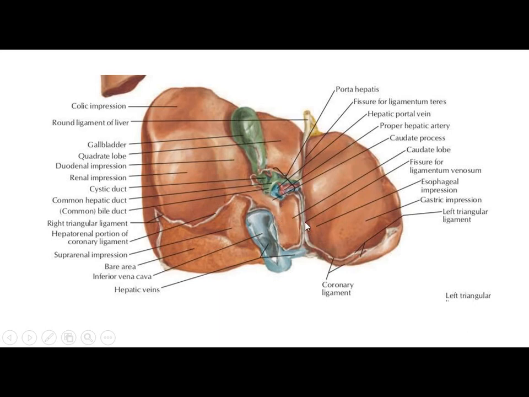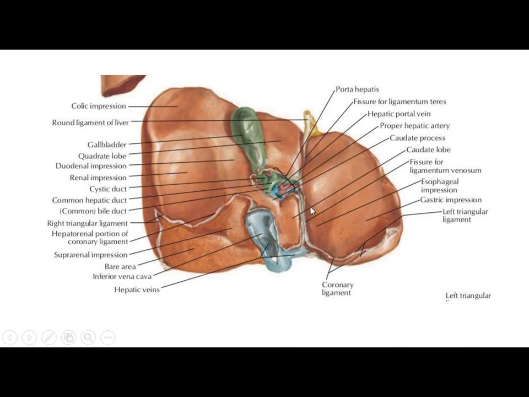The left limb is formed anteriorly by the ligamentum teres fissure, and posteriorly by the ligamentum venosum fissure, which contains the ligamentum venosum, a remnant of the ductus venosus in fetal life, which carries blood to the inferior vena cava in the fetus.